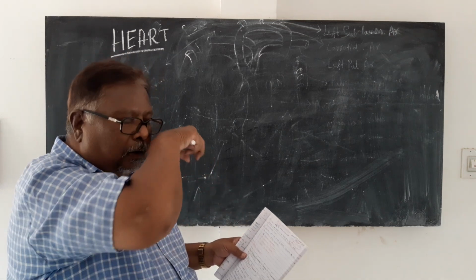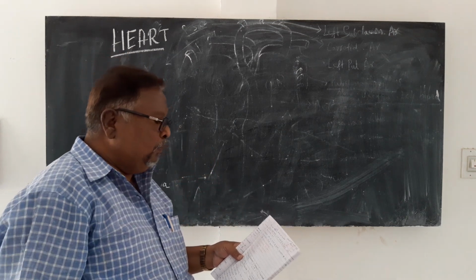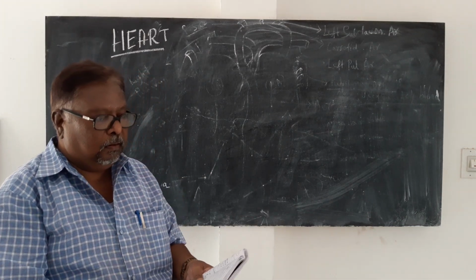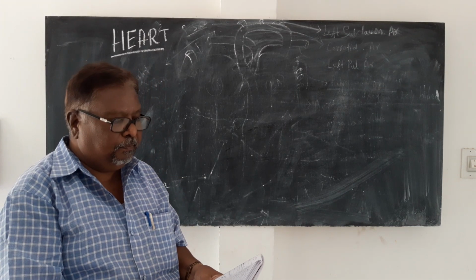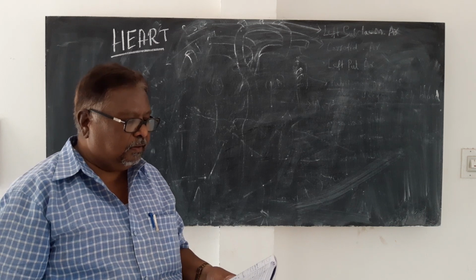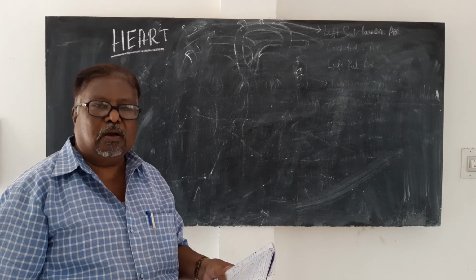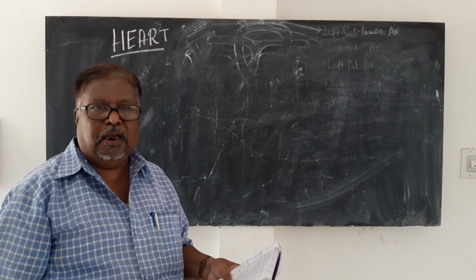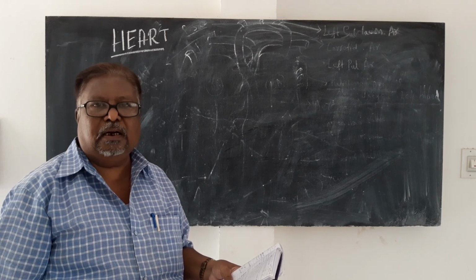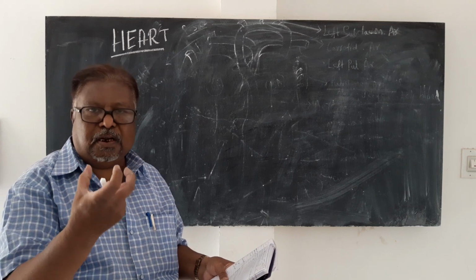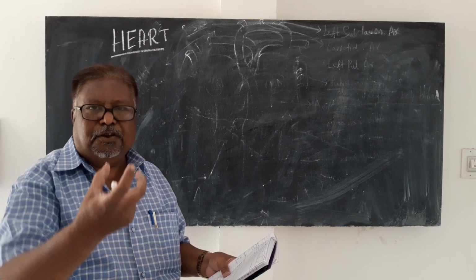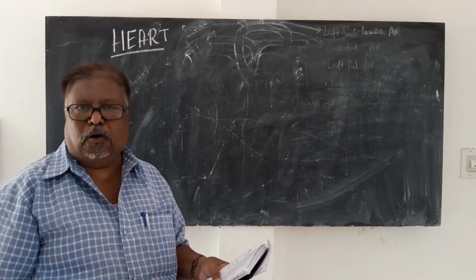I have already told you that the blood is pumped from the heart for circulation. The heart is the main pumping station in the circulatory system, which pumps the blood to the different parts of the body.